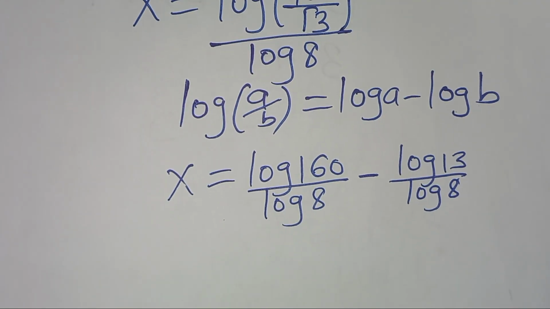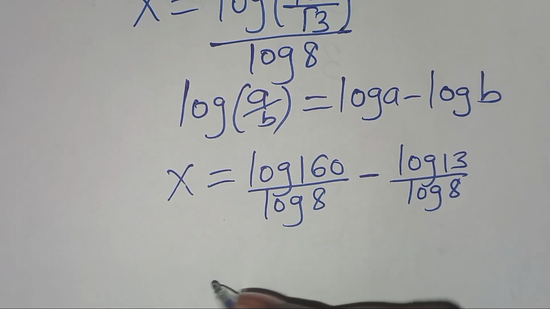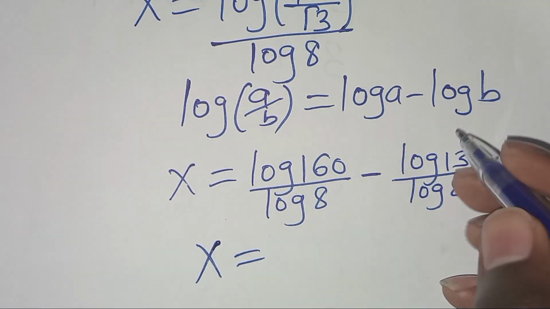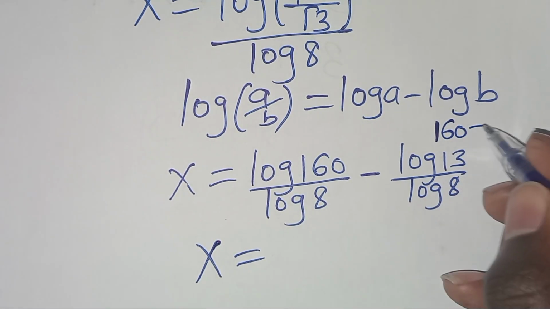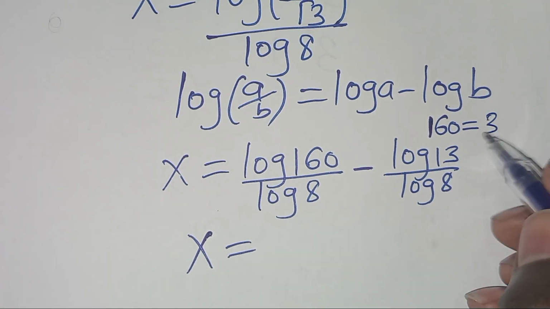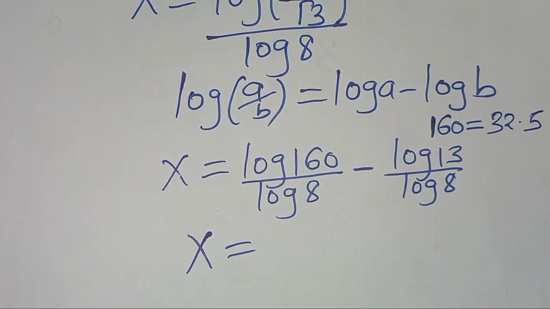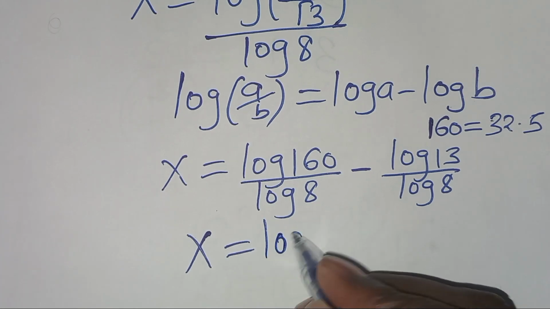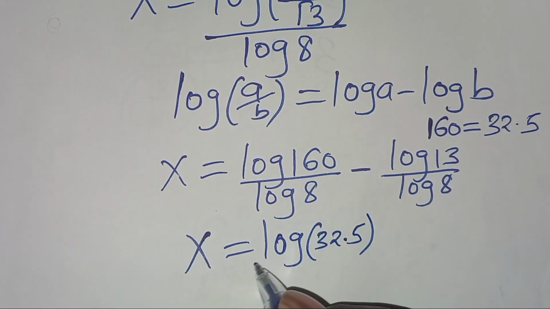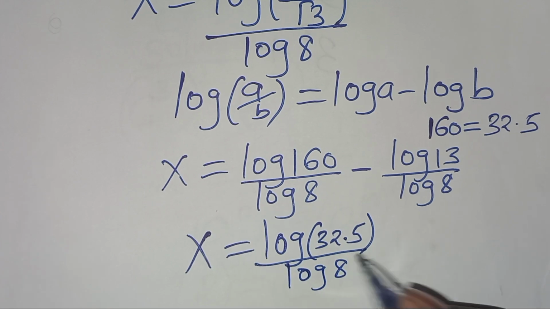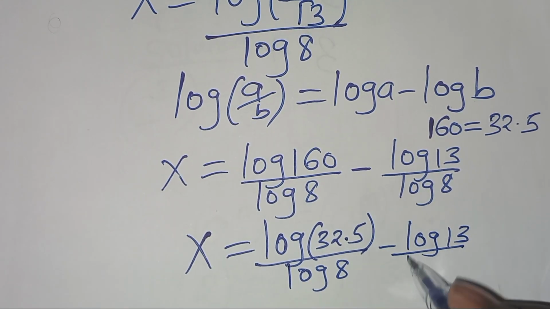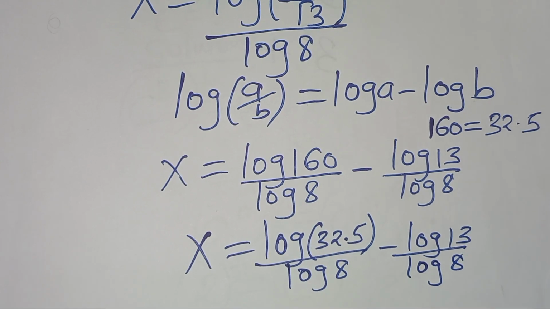The next step here, we can express 160 as 2 times 5. So here we'll have log of 2 times 5 divided by log 8 subtract log 13 divided by log 8.